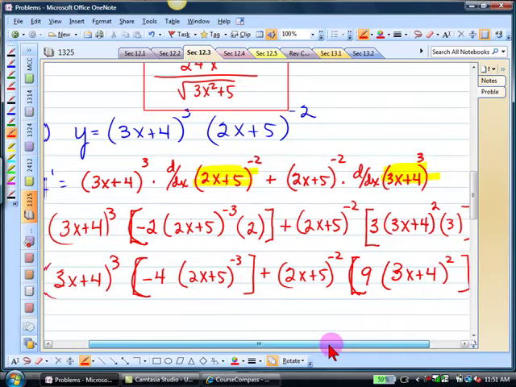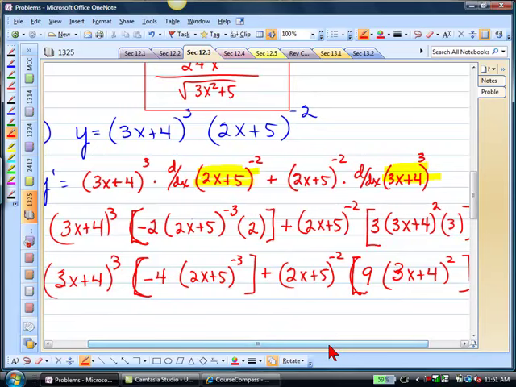Looking at that, if you can look at the whole thing, do you see that we could factor out some stuff? In both pieces, we have some things. What do we have common in both pieces? A 3x plus 4 raised to some power and 2x plus 5 raised to some power.